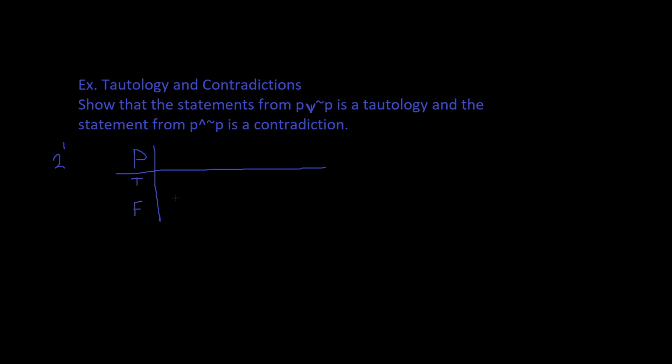What's the next thing we need to know? We have a negation P, so we need to identify what not P stands for. That's going to be false and true.